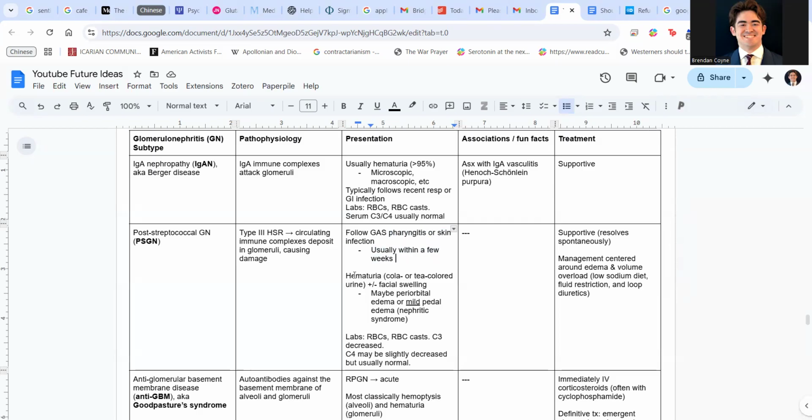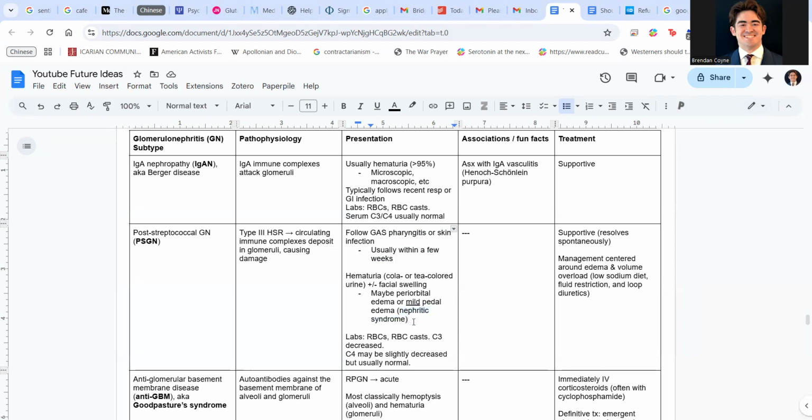Once it does develop, it most commonly presents with hematuria, often described as tea-colored or cola-colored urine, and or facial swelling. You might have some mild periorbital edema or very mild pedal edema, because keep in mind PSGN is a nephritic syndrome.